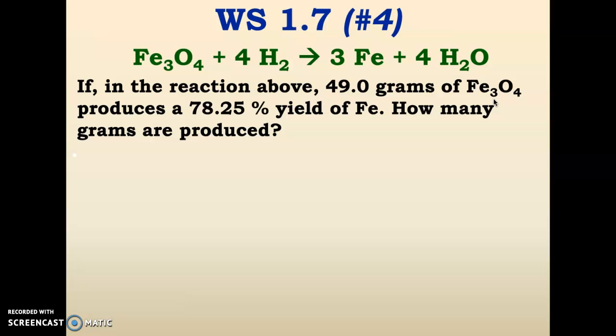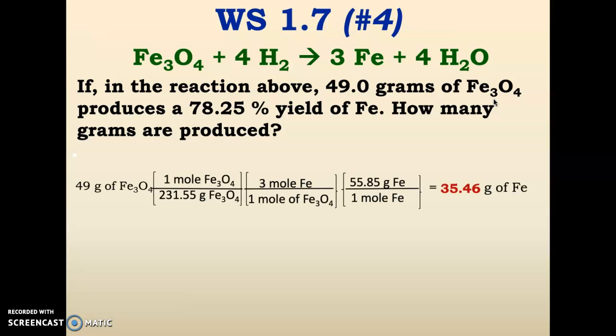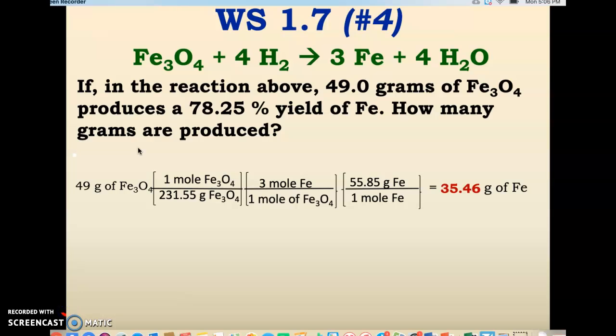Now, in your homework, worksheet 1.7, there's a little different take on it in that I'm not always comparing actual to theoretical. In this case, I'm calculating how many grams are produced. So I'm calculating my actual, given my percent yield.